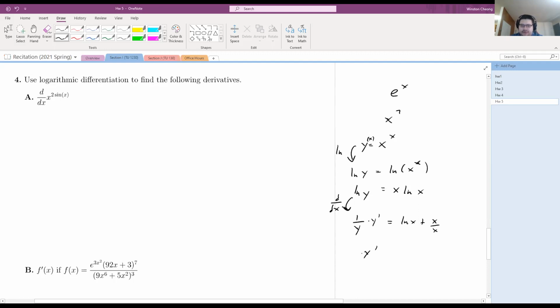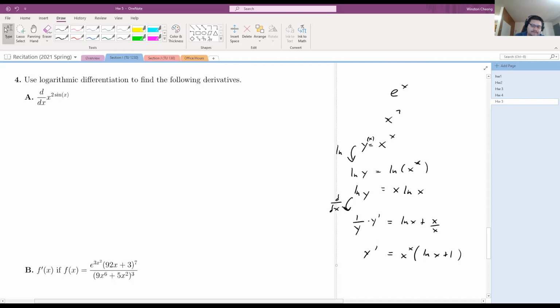The y prime is the derivative that you're originally looking for. So for this typical problem, you get this as your answer. And this is the easiest example I could give you on how logarithmic differentiation works for this case.